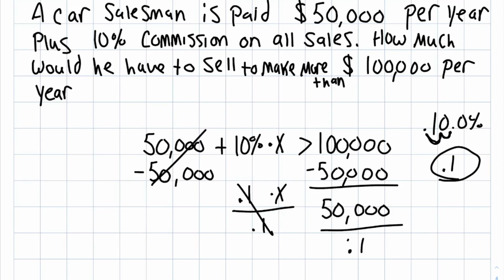So we end up with x is greater than $500,000. So the car salesman needs to make more than $500,000. He needs to sell more than $500,000 to make $100,000 in a year.